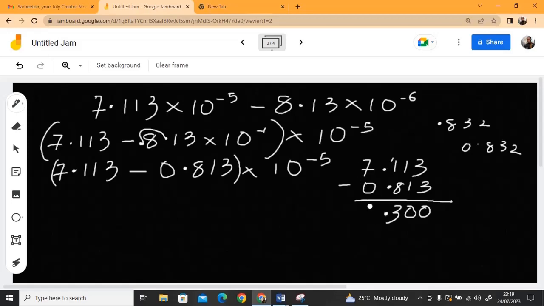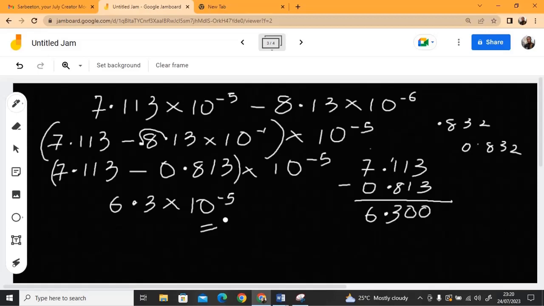Then 7, 6, there's minus 6 here when you borrow 1, so you have 6. So that is 6.300. So it's the same thing as saying 6.3 times 10 raised to the power what? 10 raised to the power what is here? Minus 5. So that is that for this one. That is the final answer.